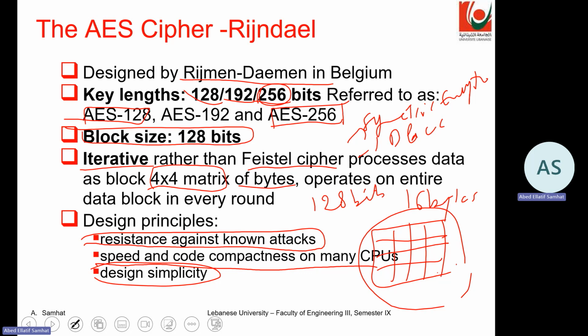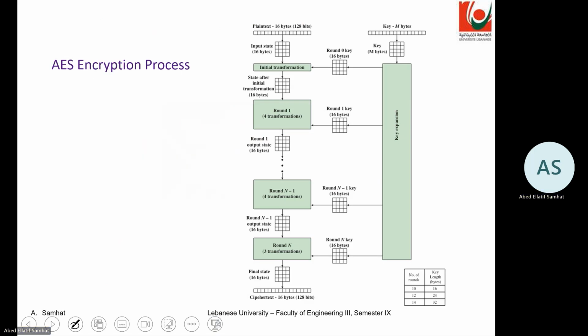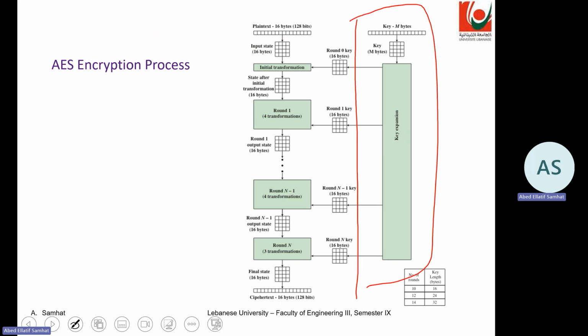So let's see together what the Advanced Encryption Standard process is. As we said, it's something similar, but not exactly, and AES is different from DES. We have the key generation, a process to generate the key, and we have different rounds.